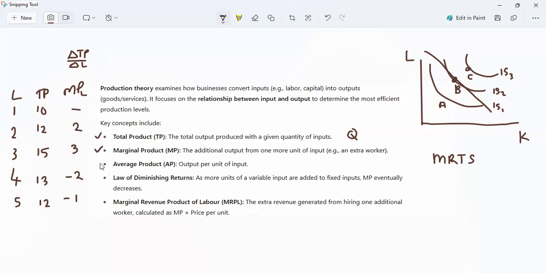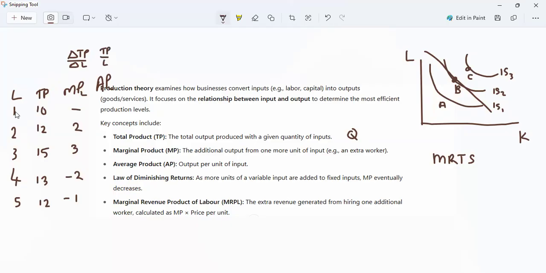Now, we also have the average product of labor. Average product of labor is average. Anything average is simply what we are dividing by quantity. So it's simply total product itself divided by the number of labor units themselves.